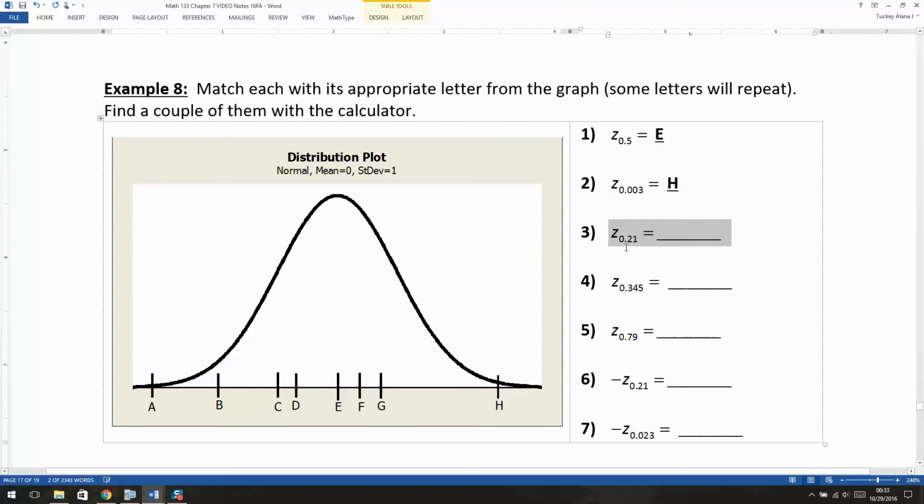But number 3, 0.21, has less in the right-hand tail than number 4, 0.345. 0.345 has 34.5% to the right of it, whereas 0.21 only has 21% to the right of it. Those seem like large leaps, but remember, we've seen before that these curves can sometimes be a bit misleading.